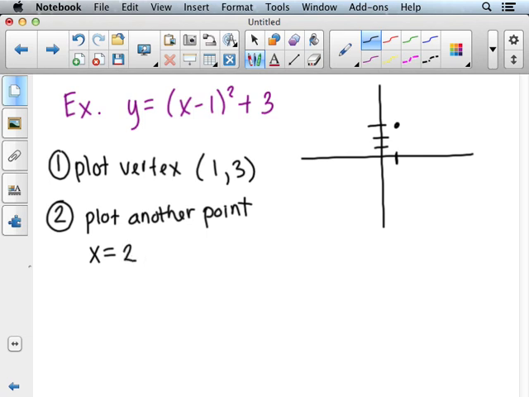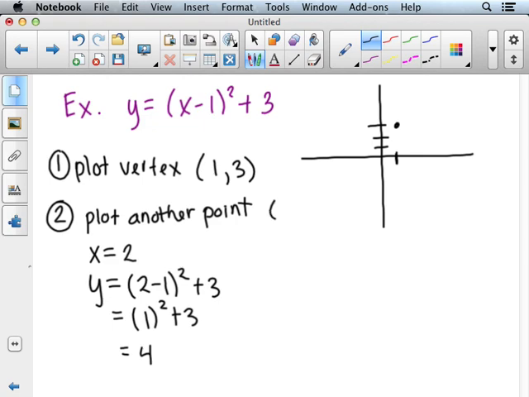Notice 2 is not the same as the x from my vertex, so I can use it. So y equals (2 minus 1) squared plus 3. 2 minus 1 is 1, squared, plus 3. So that's 1 plus 3, which is 4. So my other point is (2, 4).